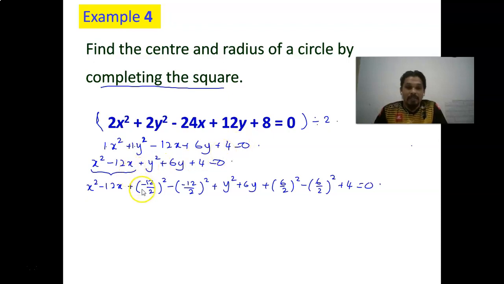Look at this one, the value of b is negative 12 and the value of b here is equal to 6.